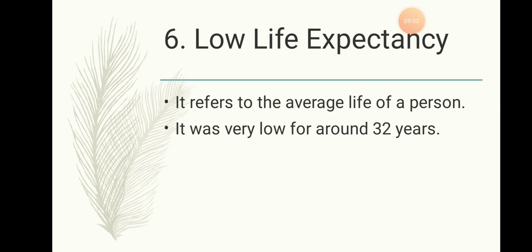That is the minimum level where the majority can live, and some people, because of health issues, even die early. According to the World Health Organization, the age is currently 68 years, but earlier it was only 32 years. Because of the lack of facilities given to the people on the eve of independence, there was low life expectancy.